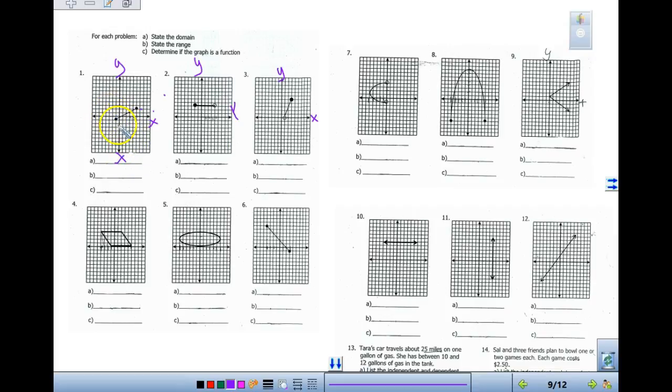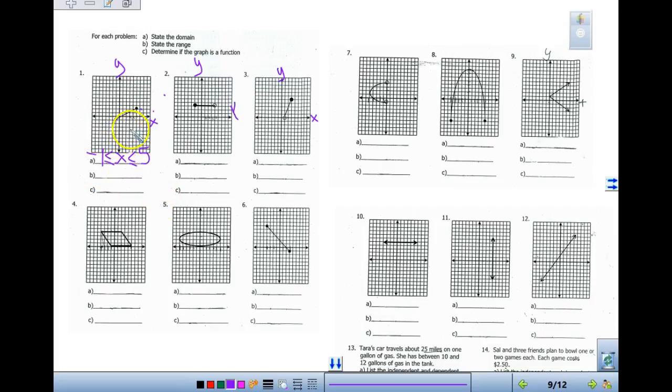Since it's a closed circle, it's an equal, right? X is greater or equal to how much? -1. Now I'm going to go up to my largest x value, which is at 5. So I'm going to state my domain for each one.